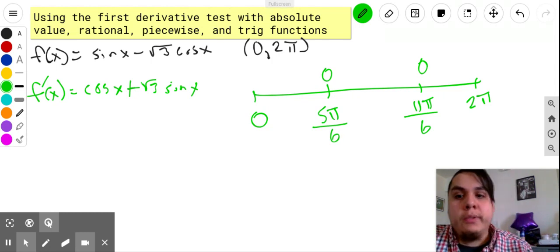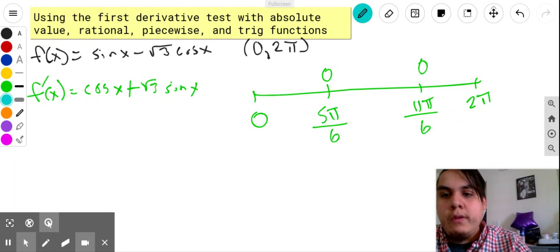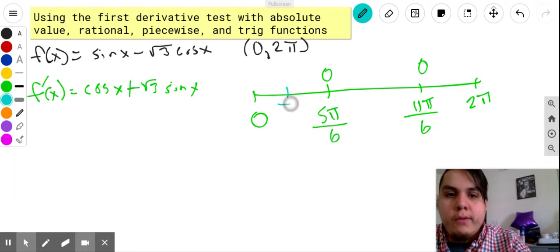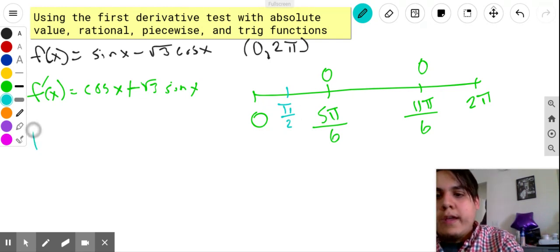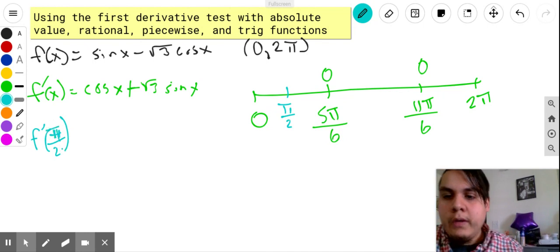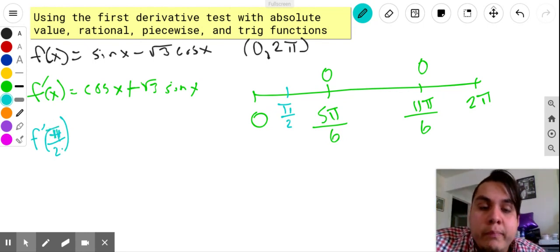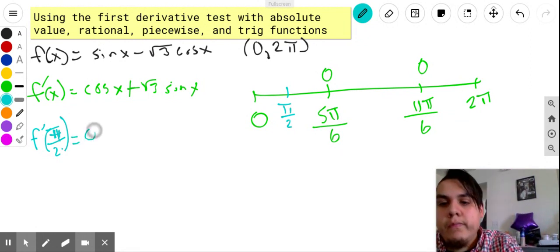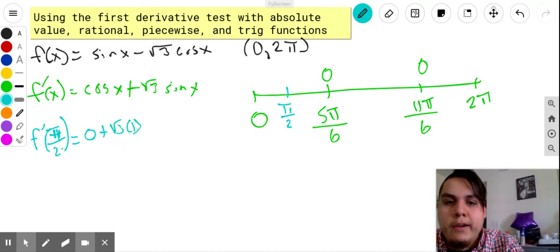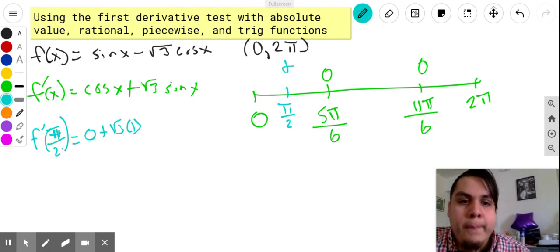So as a result, I'm going to use pi over 2. So f prime of pi over 2: cosine of pi over 2, so I'm talking about the x value, so that's 0, plus radical 3 times a 1, so that's going to be a positive number, right?